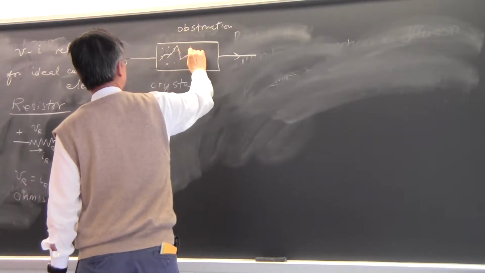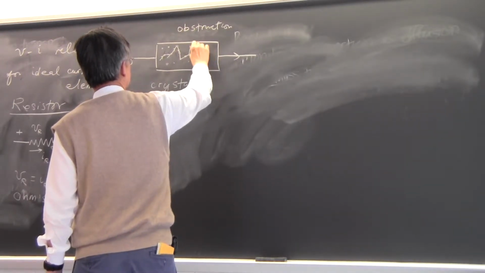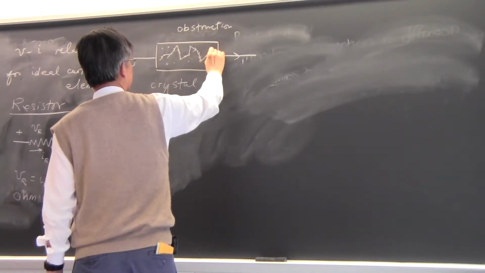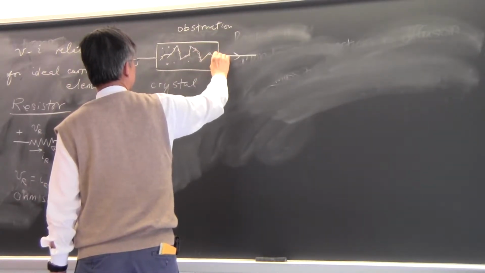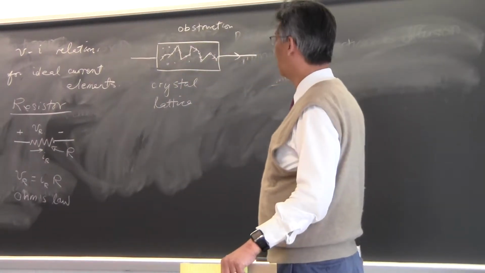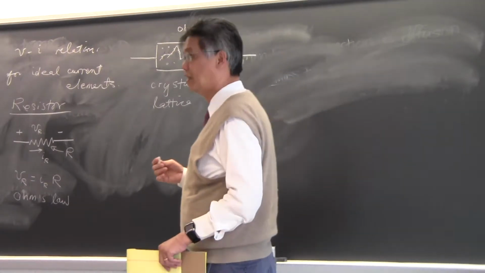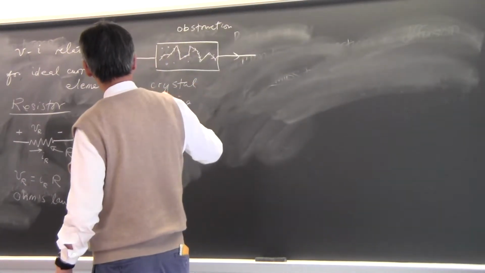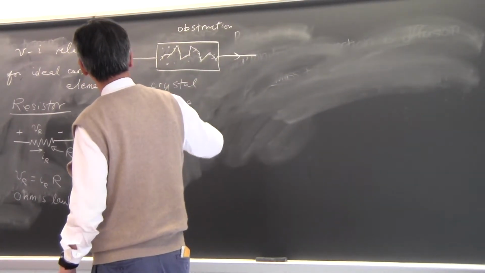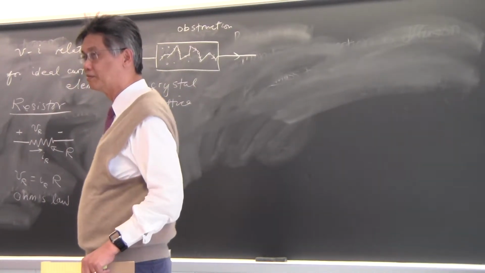They move around in a random walk fashion because of this collision, and there are many lattices and many nuclei points that the electron will collide with. So the electron does not move freely from A to B, and hence the lattices provide obstruction, and hence resistance, to the flow of the current. That's what it means. Okay?